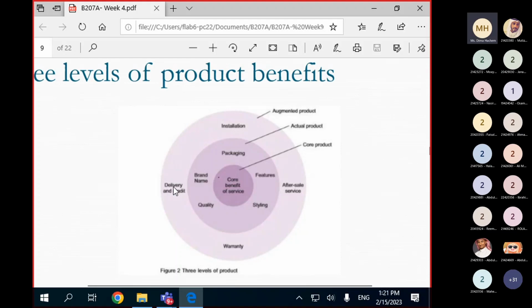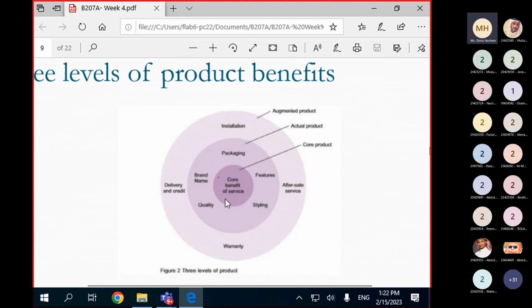Okay, delivery. If you're buying a sofa, but the store doesn't have a delivery, you might stop buying from the store. All right, because you need your sofa to be delivered to your house. You can't just throw it in your car and take it home. So delivery is also a part of the full package that you are getting.